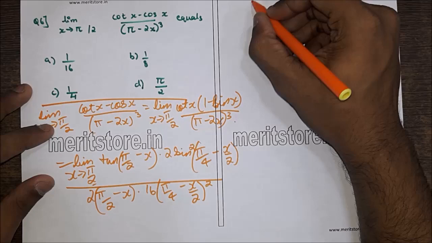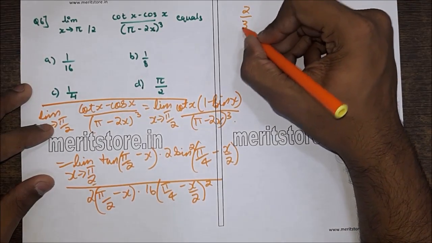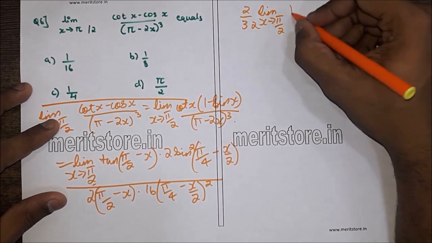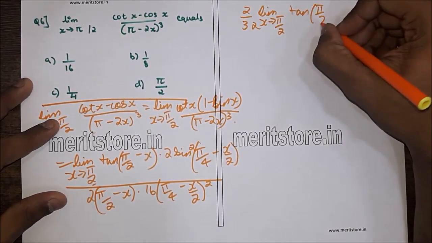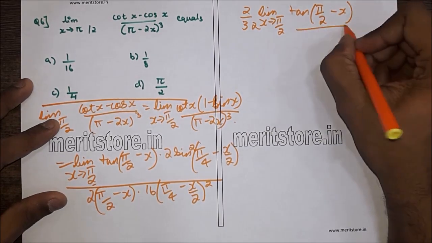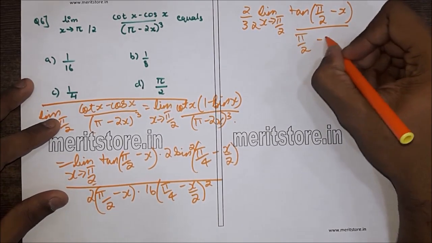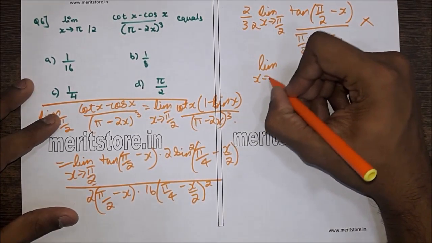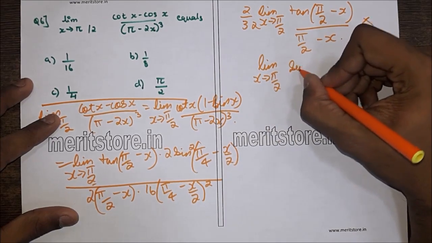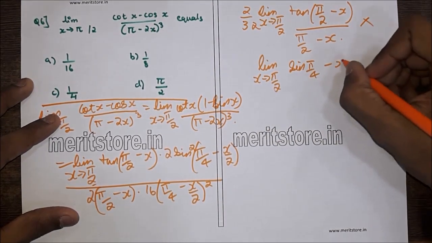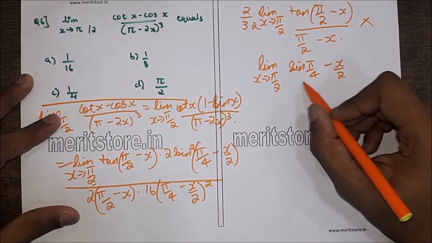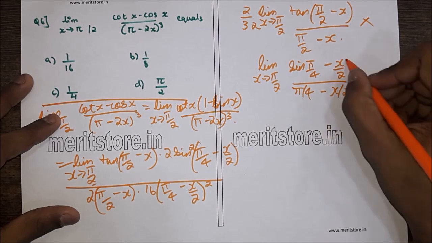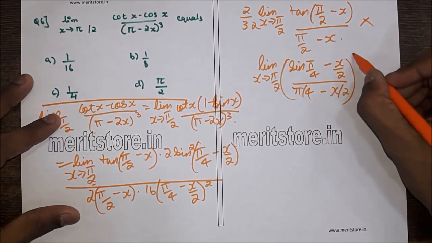So this could be written as 2 by 32 limit of x tends to pi by 2 tan of pi by 2 minus x upon pi by 2 minus x into limit of x tends to pi by 2 sine of pi by 4 minus x by 2 upon pi by 4 minus x by 2 the whole square.